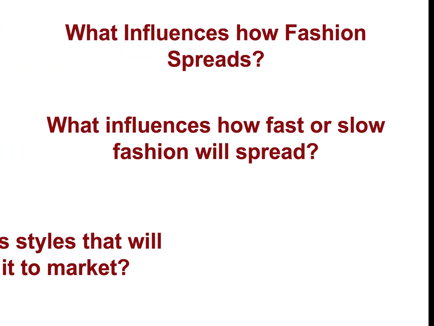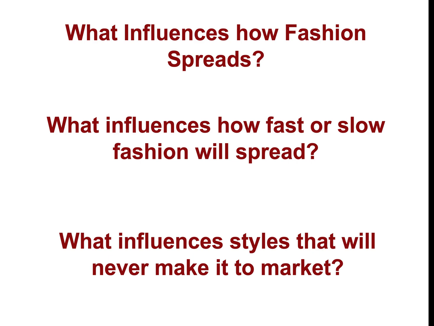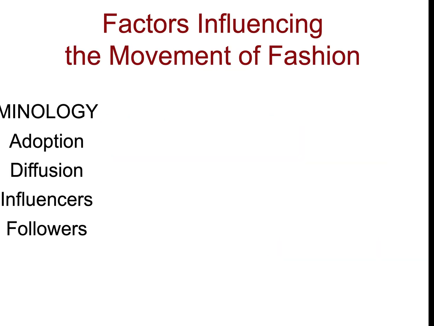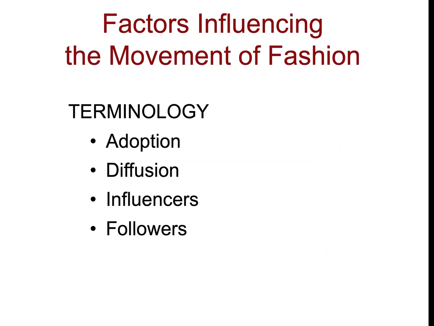All right, so what influences this spread and what influences how fast something's going to go through this cycle or how slow it's going to go? And then what influences styles you see on the runway that never make it to market? Factors that influence the movement, how consumers adopt, how it spreads, who the influencers are, and who the followers are. Adoption means purchasing. Well, it means using.